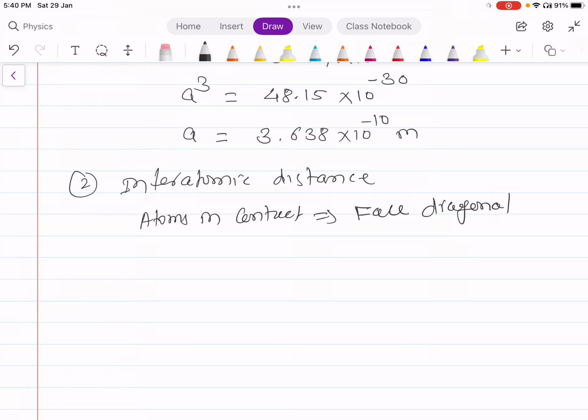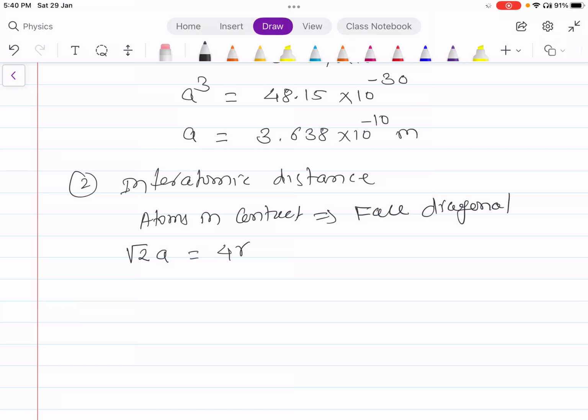The face diagonal is equal to root 2 a. We have studied this. The face diagonal is equal to root 2 a, and that is equal to 4r.